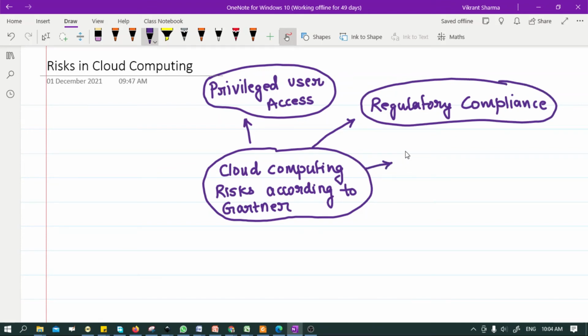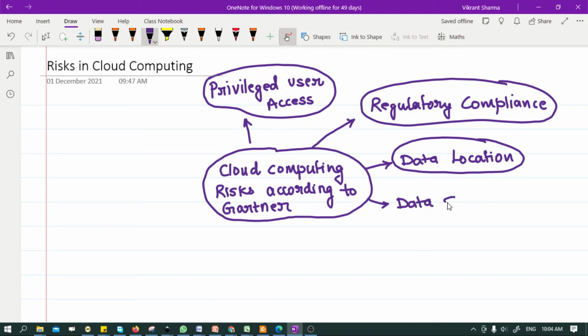Third risk is data location. Fourth is data segregation. Then we are having data recovery.